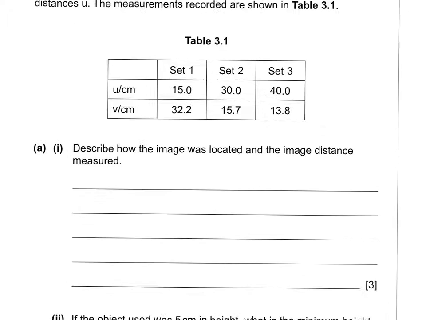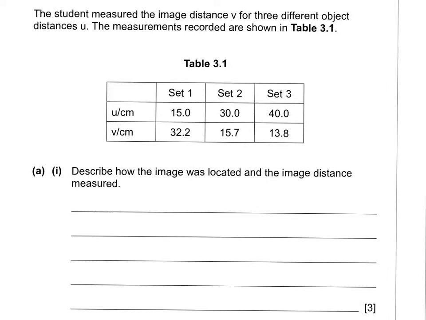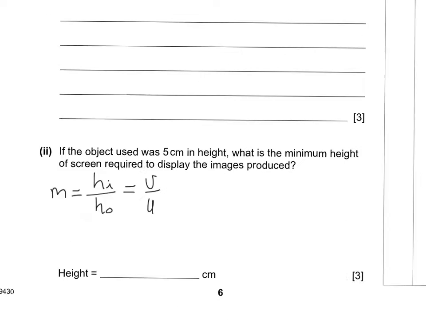Now we look back at the numbers. V to U is greatest in the first set here, 32.2 over 15. It's smaller in all these cases, so that's the pair that we're interested in. That'll give us the biggest image, and that'll tell us what size of a screen we're going to need.